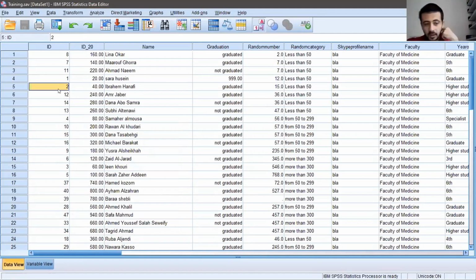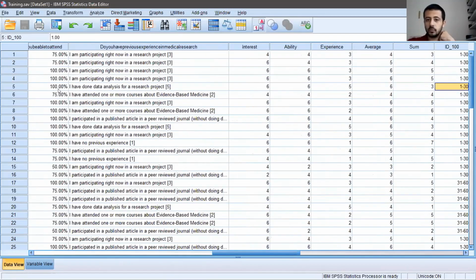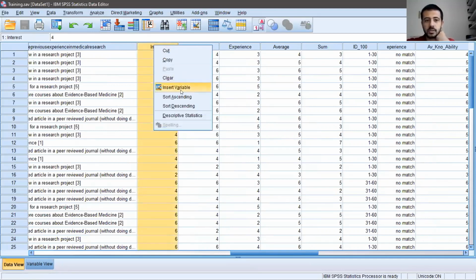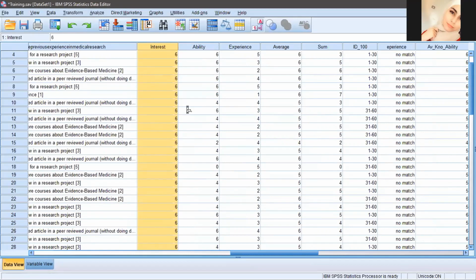So the ID is applicable, ID 20 is applicable, random number is applicable. We move on. About interest, you remember how we classified interest. Do you think this is applicable to be used as continuous? It's ordinal, as I remember.